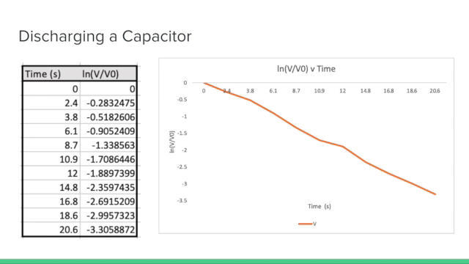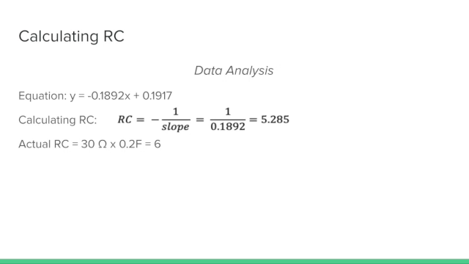And then this is the natural log of the potential difference over the original value versus time. And this is the value we got for the time constant, which is negative 1 over the slope from the line seen previously, and we got a value of 5.285, which is very close to the actual value.